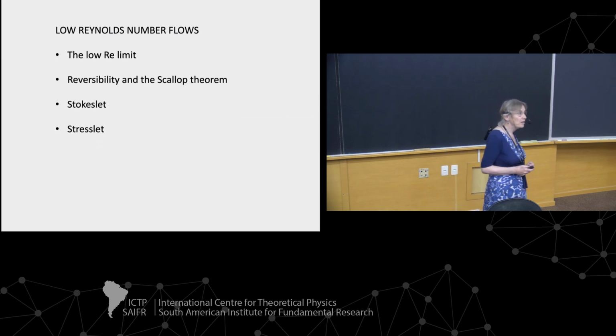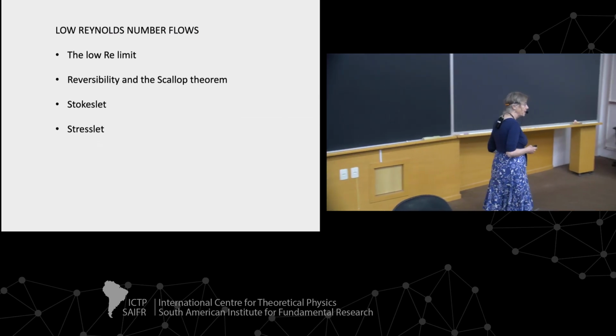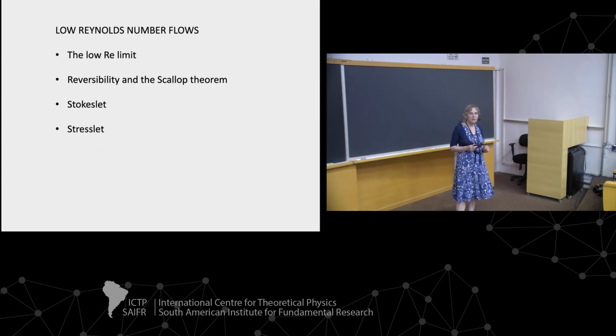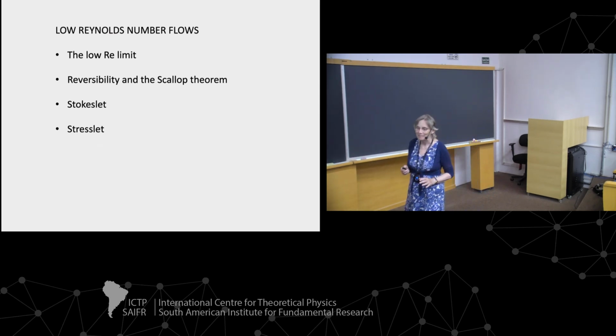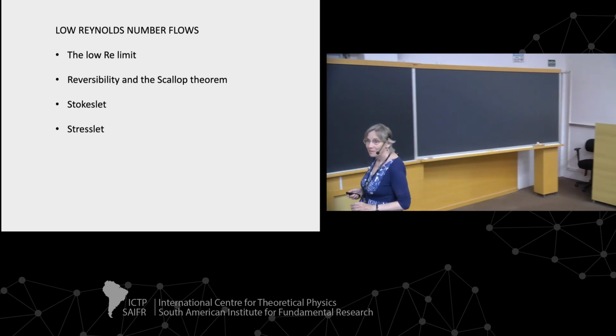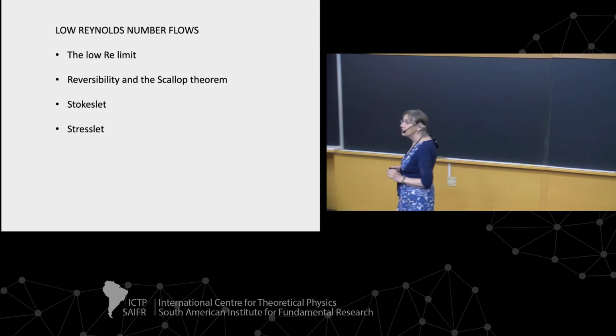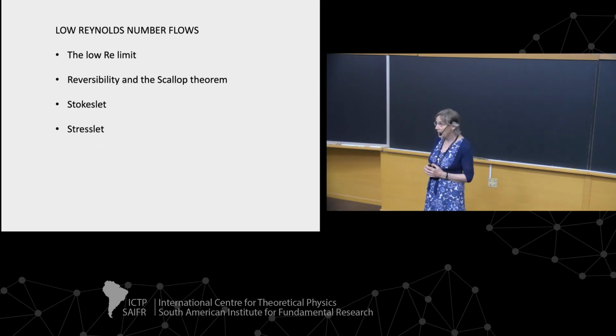Now let's think about low Reynolds number flows. Has anyone not heard of a Reynolds number? Good. I will remind you. These things we're going to look at are tiny. Active nematics on a microscopic scale, and so we're pretty much at 0 Reynolds number.